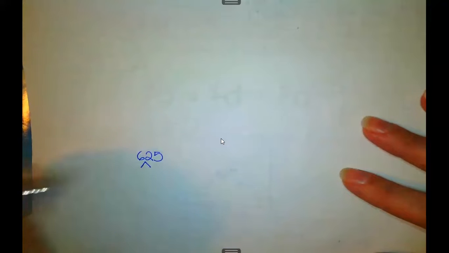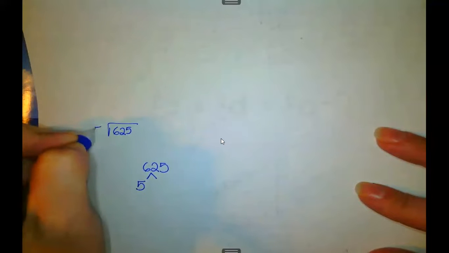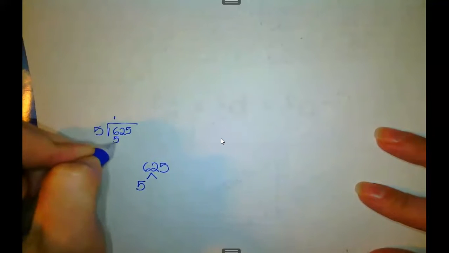So when it comes to prime factorization, you have a number like 625. You have a couple of options here, but basically I like to use my tree. I know it ends in a 5, which means it is divisible by 5. So one of mine is going to be 5. And then I have to say, okay, 625 divided by 5, that's 1.